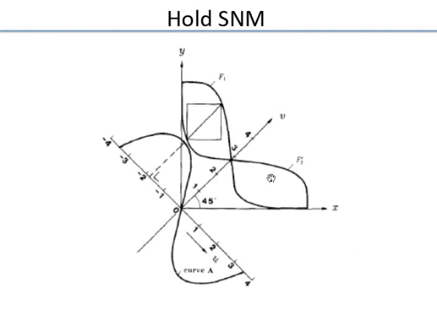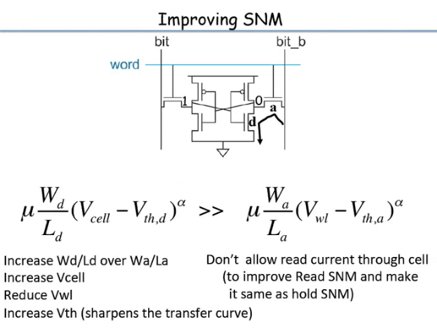So the eye will be bigger, because when it's out here, it goes all the way to ground, it doesn't go up. In the case when I'm doing a read, it doesn't go all the way down, it kind of comes up like this. So the eye opening is smaller when you're doing a read, but it's larger when you're doing a hold. So the hold noise margin is always at least as much as the read noise margin. But even hold noise margin is important, because some noise could perturb and collapse this eye. Okay, we'll see an example of a noise event in a few slides.